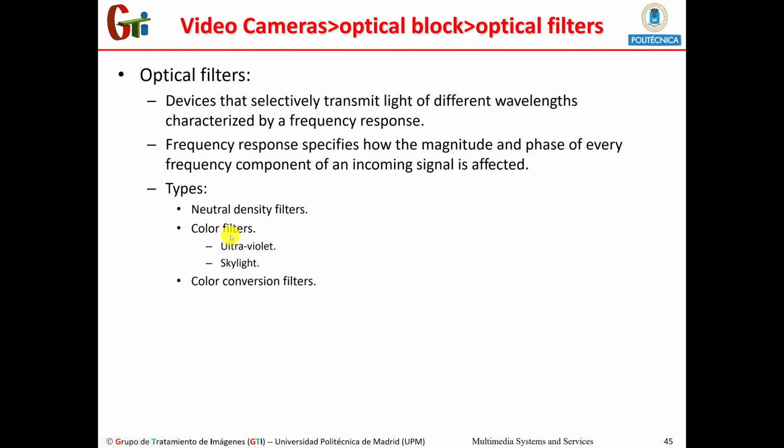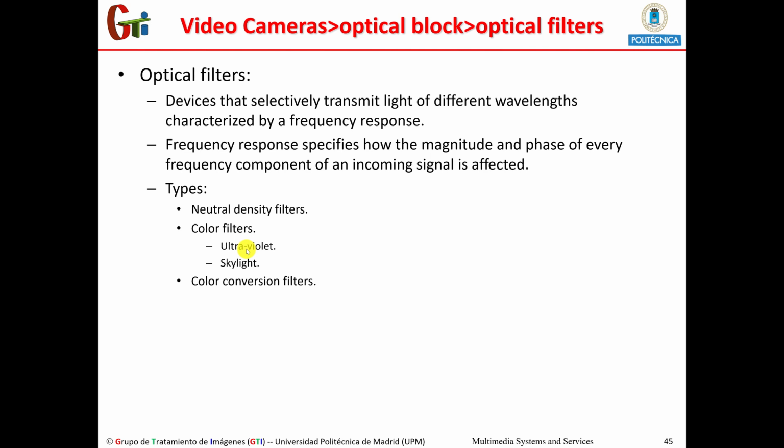Other filters, like the color filters, are just used to produce the correct feeling or the correct appearance according to the human vision system. The spectral response characteristics of the sensor, the CMOS, the CCD, are different from our human eye.